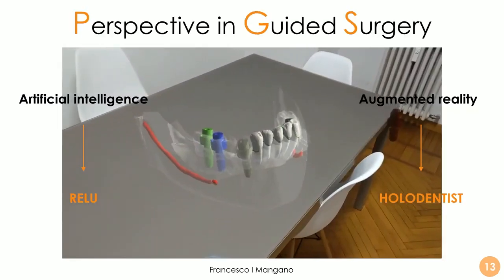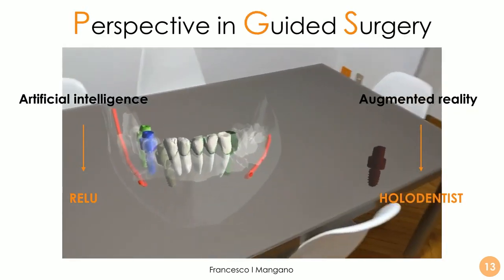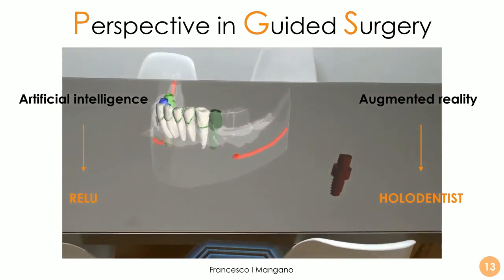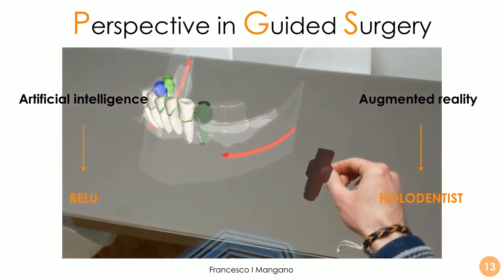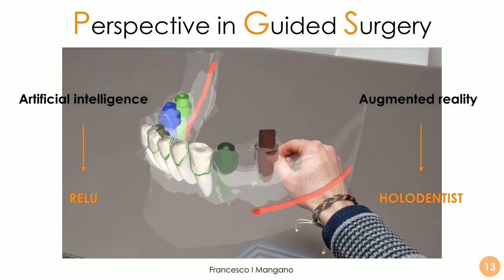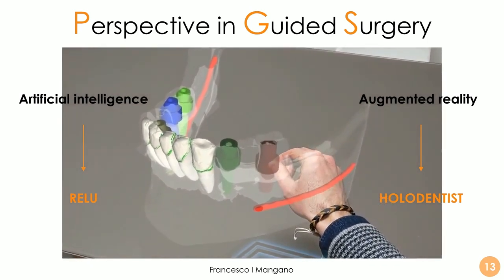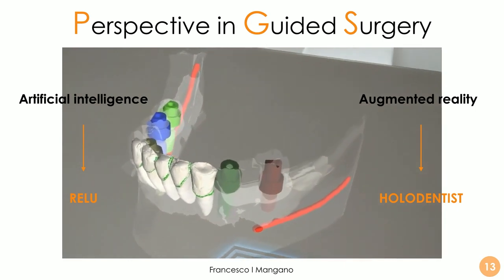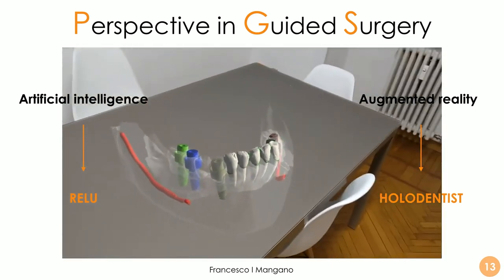But in this case we did something different. We have been doing something different for a few cases. We are trying to plan our surgeries using only STL files and using only artificial intelligence, like in the case I mentioned here, plus augmented reality, the software HoloDentist.